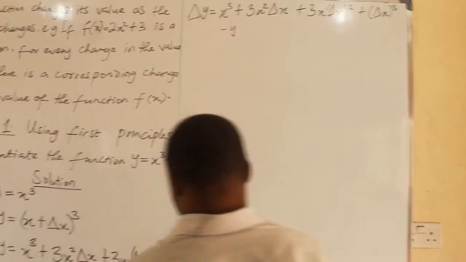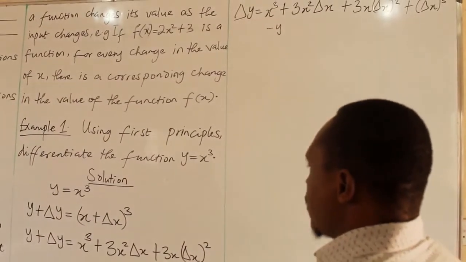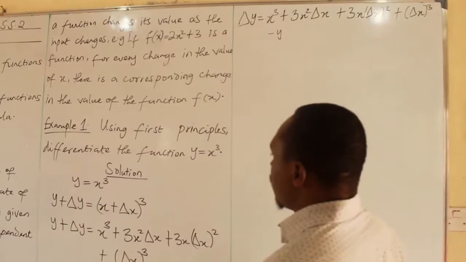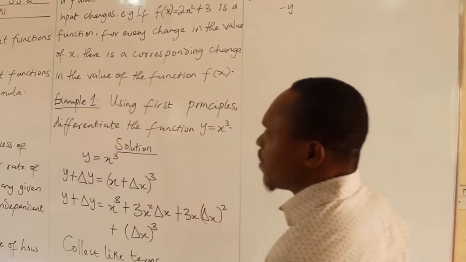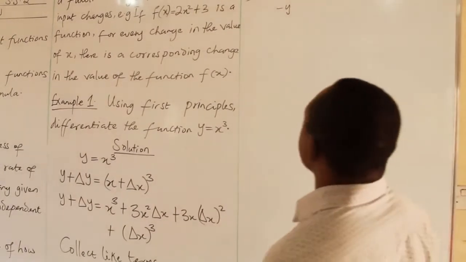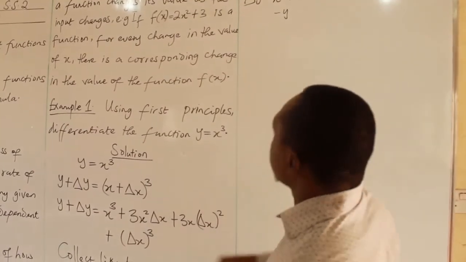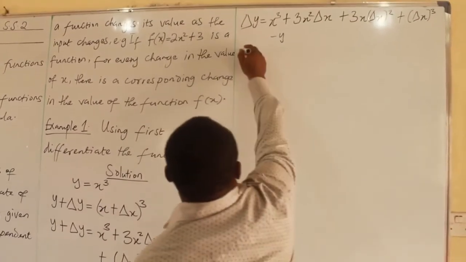minus y. When we started, we said y is equal to x raised to the power 3, so we replace y by x to the power 3.